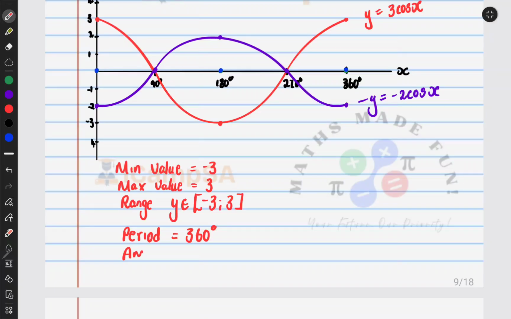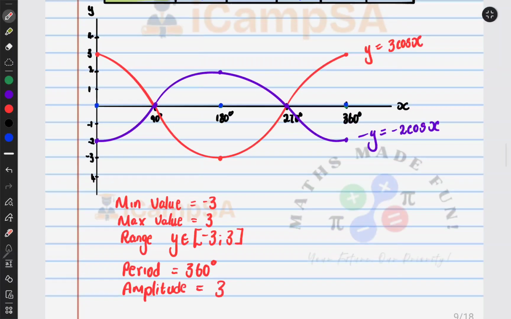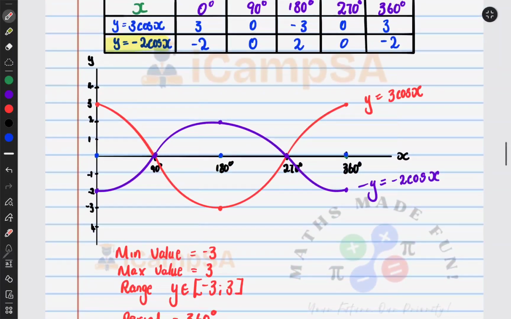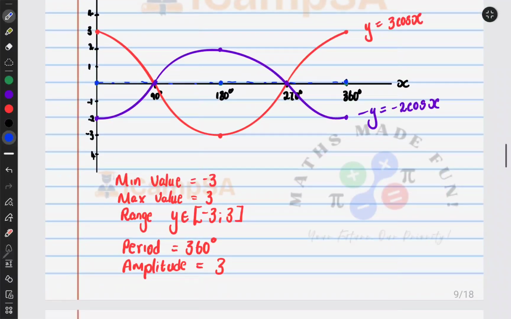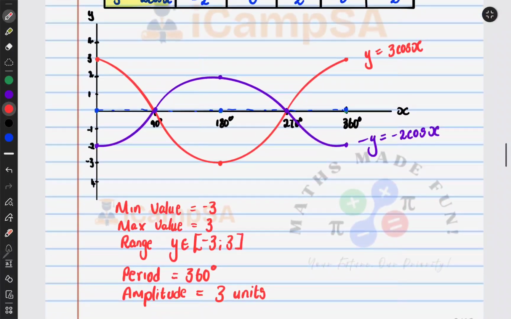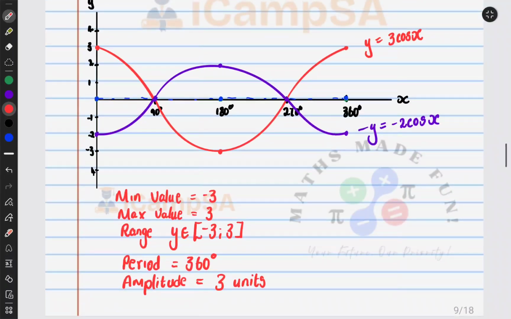And then the amplitude, how far the function is stretched from the baseline, is going to be 3. This is our baseline, and the function is stretched 3 units from it. The amplitude is 3 units from the baseline. You can use the equation that I gave you of 1/2 (maximum value minus minimum value). You still should get 3.